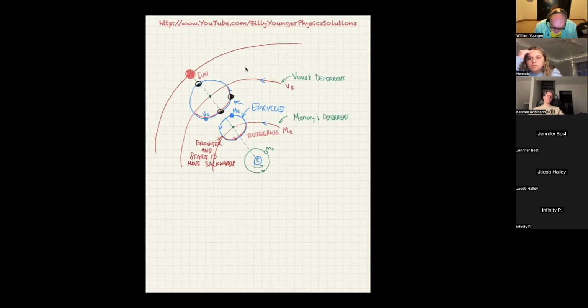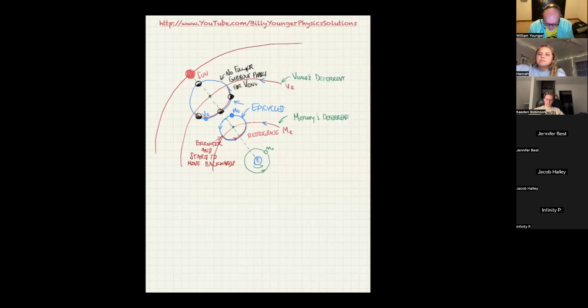If it was over here, then this part would be black and we'd see a crescent. In fact, we'd never see a gibbous phase. So no full or gibbous phases for Venus. Of course, the same is true for Mercury.